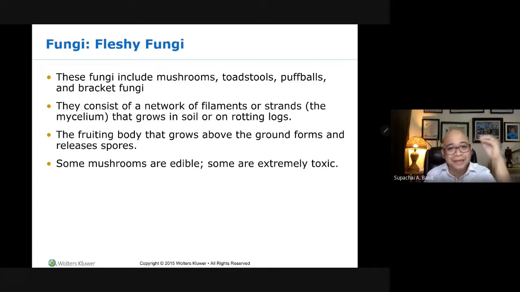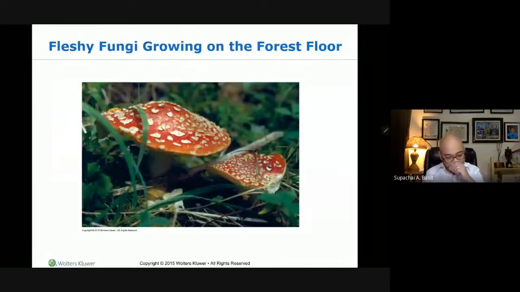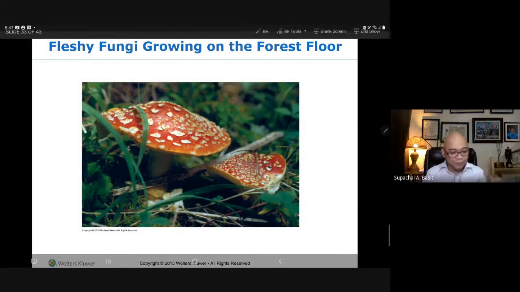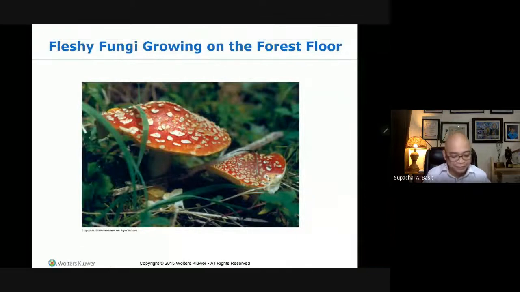That's the reason why you can see an umbrella-shaped structure, which we call the fruiting body. Some mushrooms are edible. In fact, mushrooms are my favorite, but do not just eat mushrooms because some are extremely toxic. The toxins produced by mushrooms we call mycotoxins. This is an example of fleshy fungi growing on the forest floor.